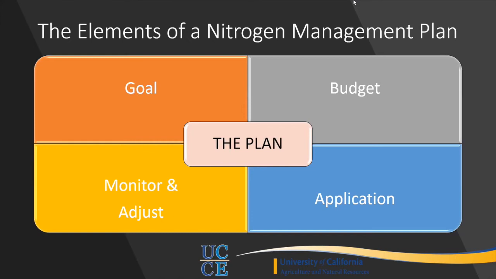It's important to monitor the progress and the impacts of that application by doing testing of the field, testing crop tissues, testing soils to see what are the impacts of that fertilization, and then making decisions based on that information, ultimately deciding if the plan was successful or if it needs to be adjusted, readjusting that goal, and then starting sometimes right back in square one again, either within the season or for the next year.